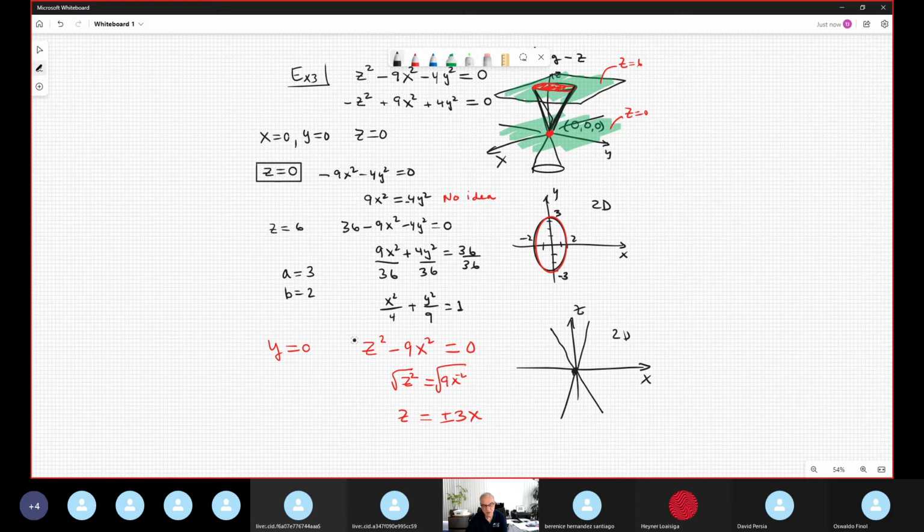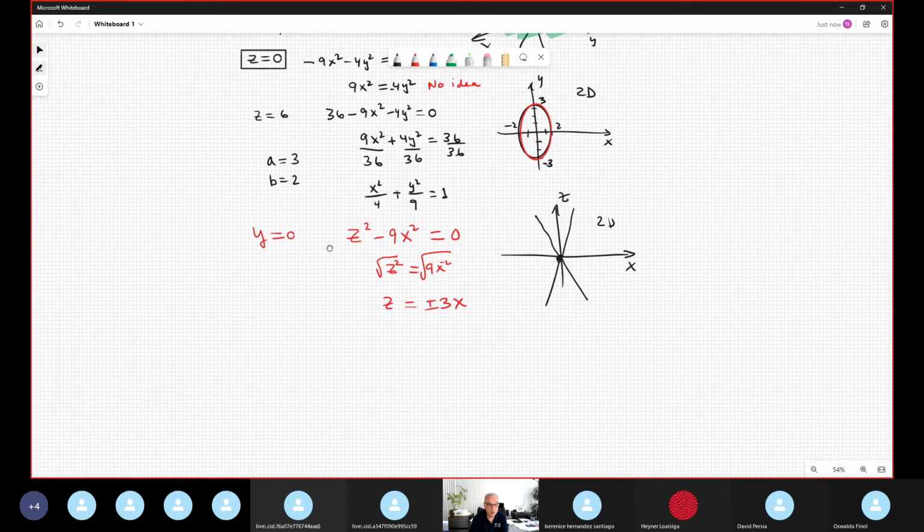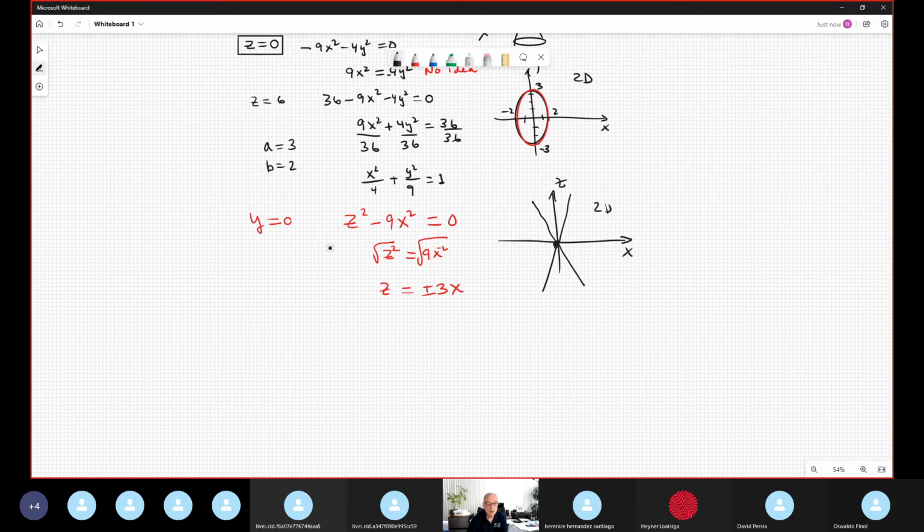Right? Approximately, you know. And let's do, for example, another trace at x equals, I put on the paper, 1, to make it different. X equals 0, and x equals 1 to illustrate one thing.